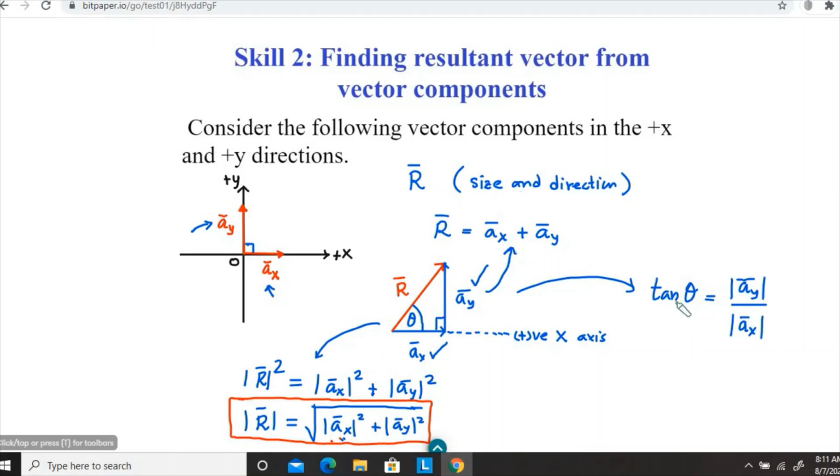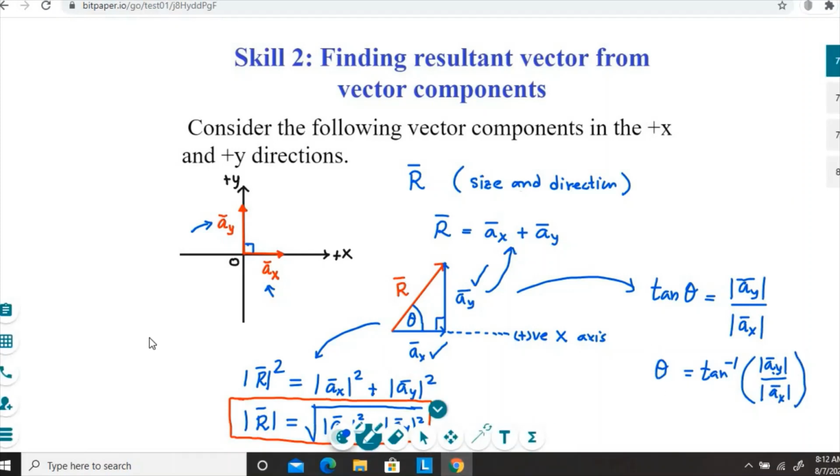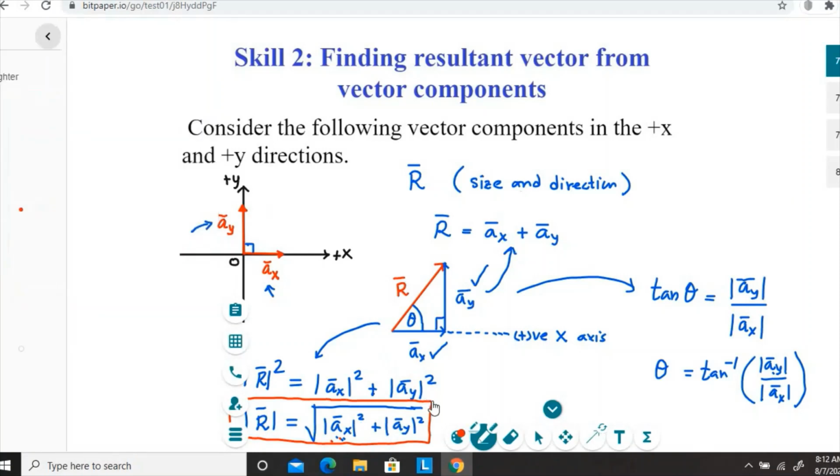And then I can solve for theta by taking the inverse tangent on both sides. So if I take the inverse tangent on the left hand side, I'll simply get theta. And on the right hand side, I'll get inverse tangent of this ratio, that is magnitude of ay over magnitude of ax. So that's the second important relationship for this skill.